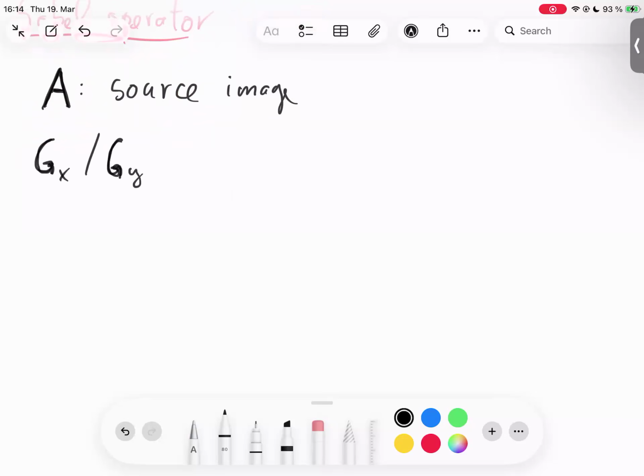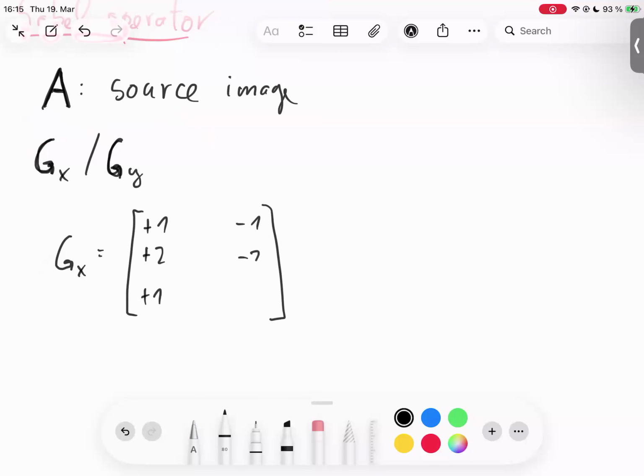Now, how do I calculate GX? The change along X and the change along Y. I have a matrix, which is just this filter or kernel, 3 times 3. Here I put in +1, +2, +1. I put a plus to highlight that these are positive values.